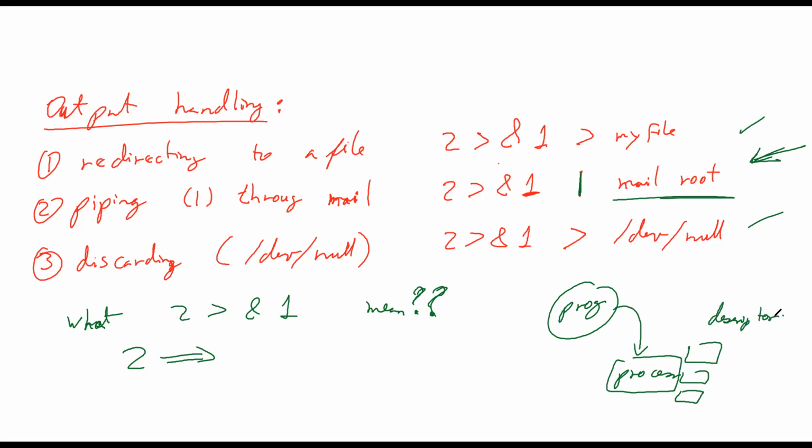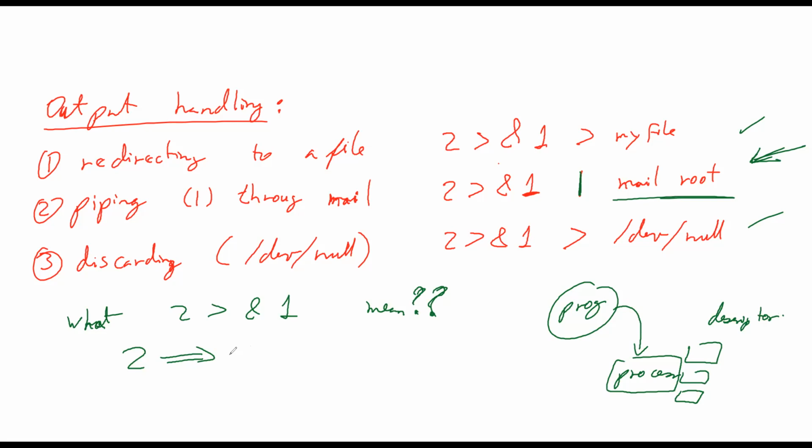Or you can just think they're variables, right? So they have a standard error and a standard output, and there's standard in also. So they have all these variables associated with them. So whenever you make a reference to this 2 and this 1, what you're doing is you're referencing those descriptors, okay? That's what you're doing.